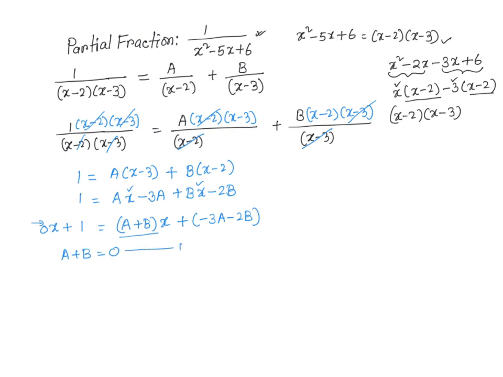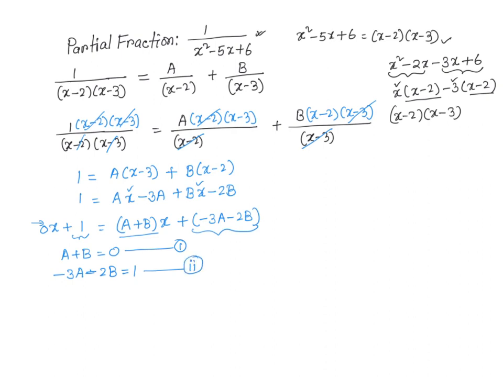Let's call this equation number 1. Then on the left-hand side I have a constant term, 1, and on the right-hand side I have a constant term, negative 3a minus 2b. So the constants on both sides must be equal. Negative 3a minus 2b must be equal to 1. And that's my equation number 2.